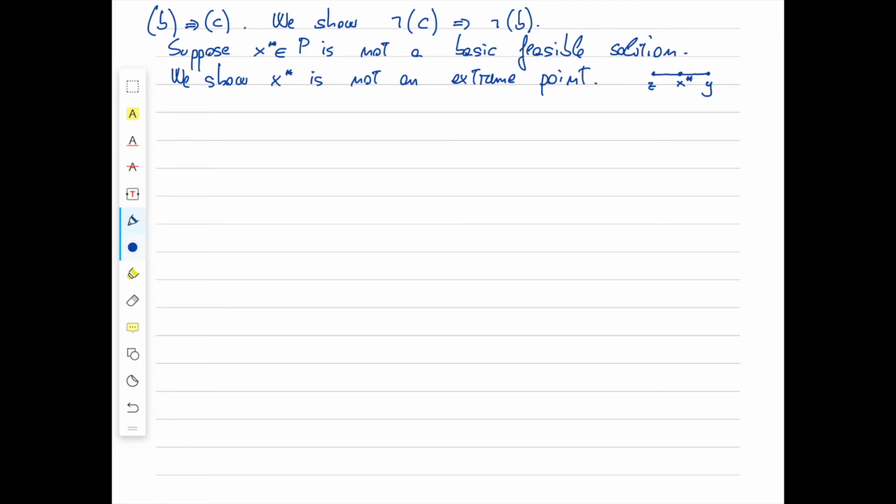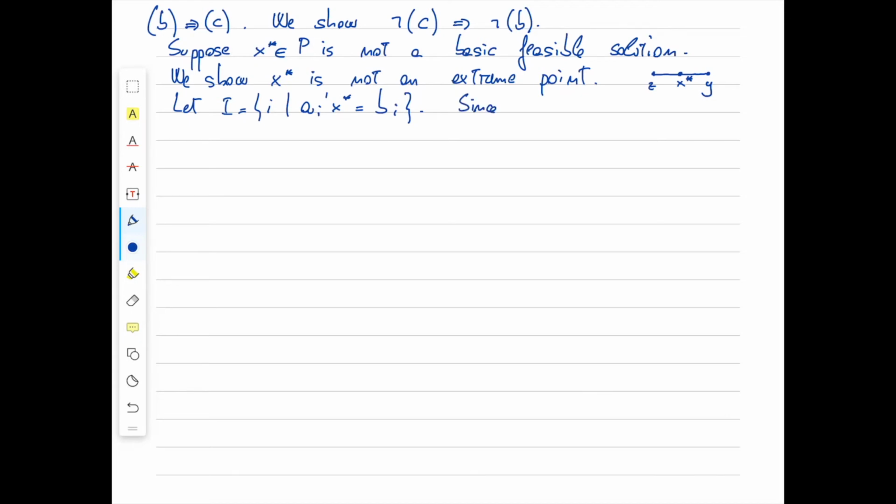Of course, we're going to be using the fact that x star is not a basic feasible solution. The definition of basic feasible solution concerns active constraints. Therefore, let's look at all the active constraints at x star. Let I denote the index set of the active constraints, so the set of i such that a_i transpose x star equal to b_i.